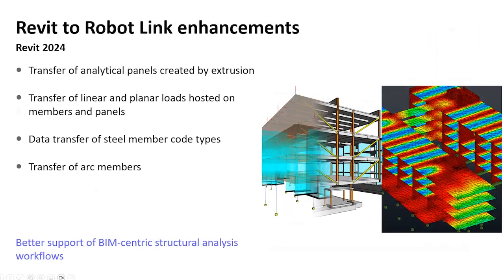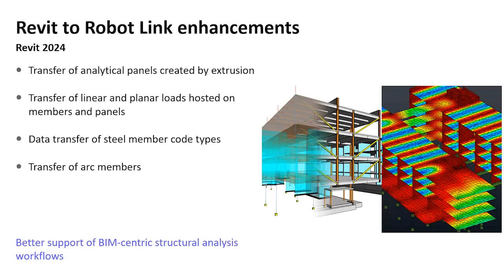Speaking of structural engineering, Robot, right? Autodesk Robot Structural Analysis. When you're doing your analytical model and your loads within Revit structure sections, you can now get those models over to Robot in a more optimized fashion. When you transfer that data, you also have a different approach.